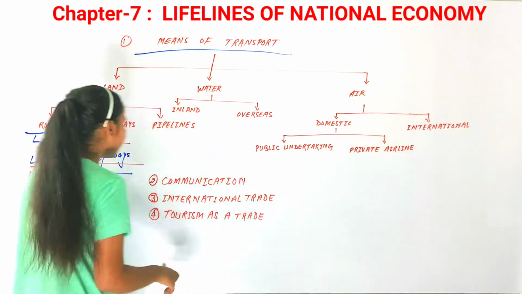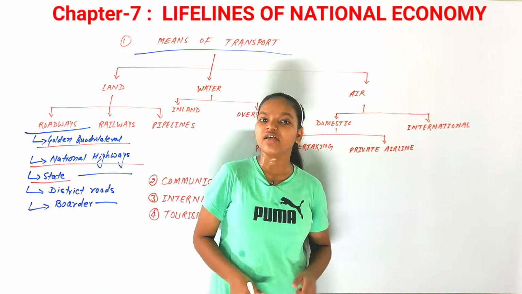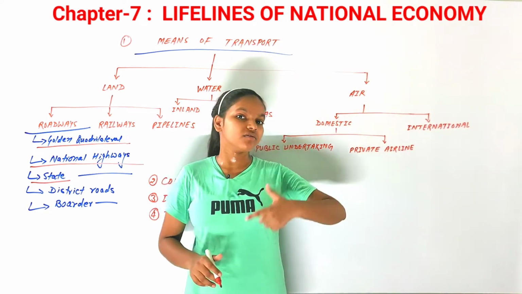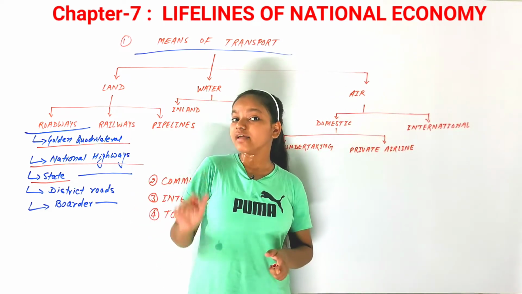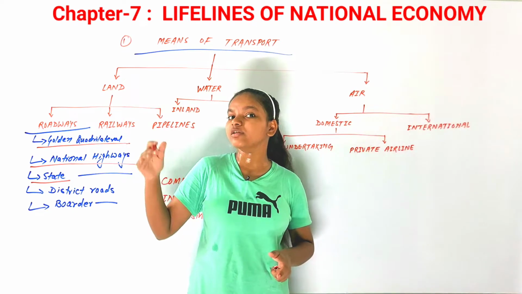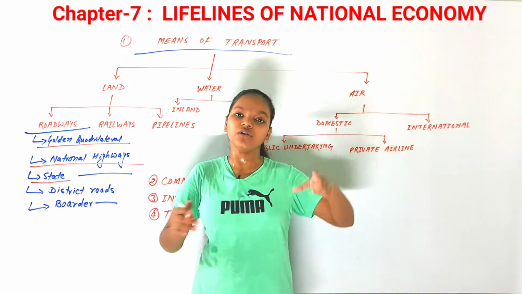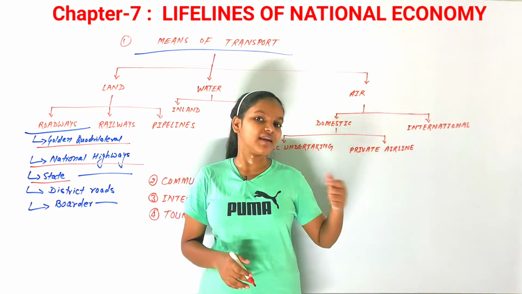After that, we have state highways. State highways are built for linking the state headquarters to district headquarters, and they are maintained by the State Public Work Department or PWD. In a state there is a capital, which is also called the state headquarters.